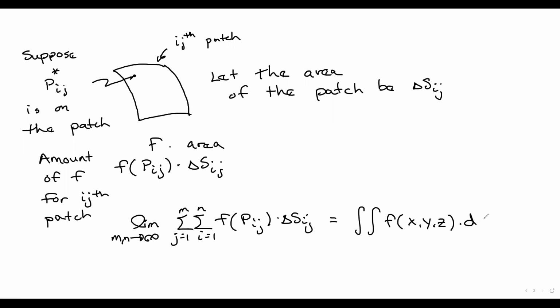So we're just going to put dS to represent surface area. Here's our f value, and here's our surface area for a patch. If you add all this up, instead of the amount of f for a single patch, this is going to give us the amount of f for the entire surface.